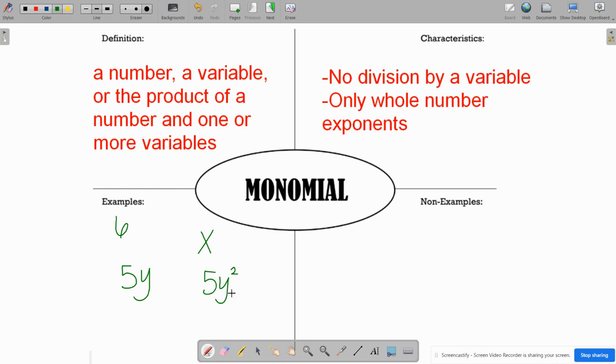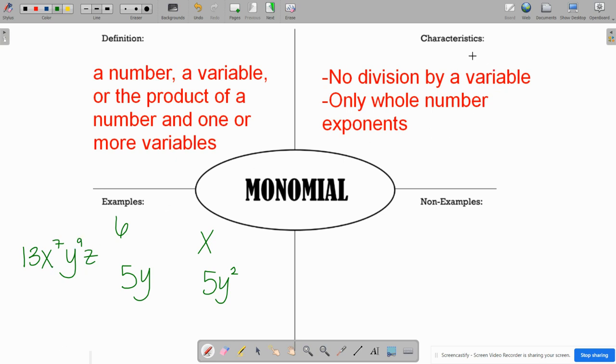So sometimes monomials you'll see have exponents because y squared is really just y times y. It's a product of multiple variables. You could even have something as big as 13x to the 7th y to the 9th z. That is still a monomial because it's just the product of a number and multiple variables.